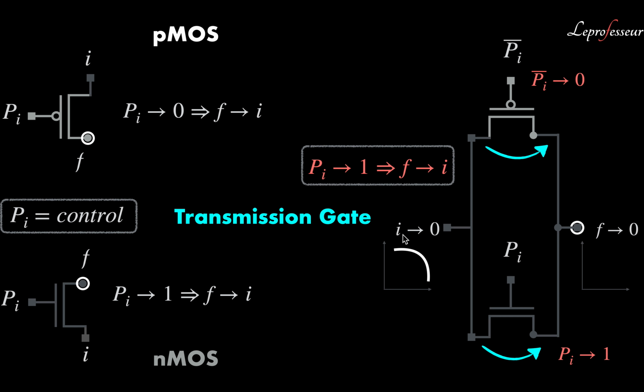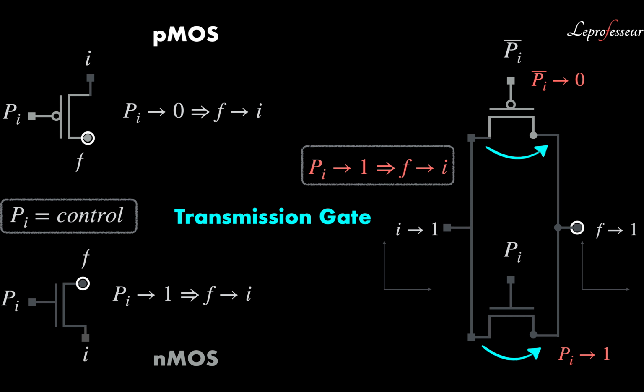So if I tends to 0, then F tends to 0, and it will be strong. Strong means that there is almost no loss of the voltage level at the output. It will be a high voltage level. So we don't need any other extra circuit to scale the voltage level at the output. That's what it means.